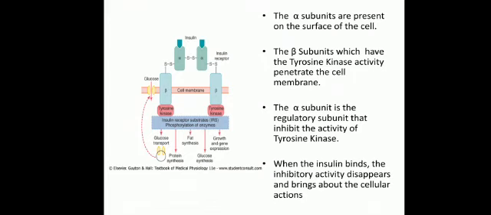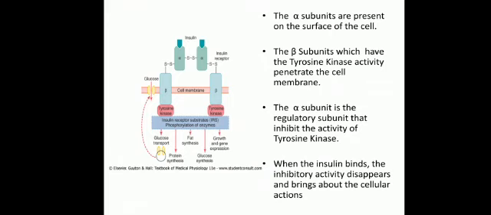The speciality of the beta subunit is that it has tyrosine kinase activity. Now, how is the relation here? The beta subunit has tyrosine kinase, which you can see in orange color, and the alpha subunit regulates it.